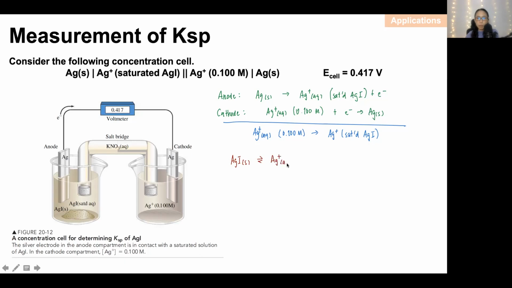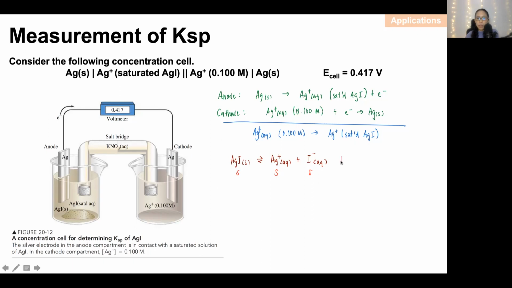When you learned about KSP, you related it with solubility, right? So if S is the solubility of silver iodide, then in the solution, you have S concentration of silver ions and S concentration of iodide ions.